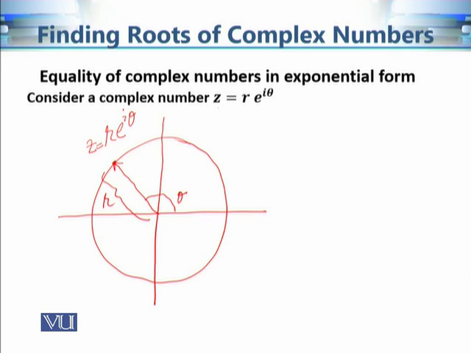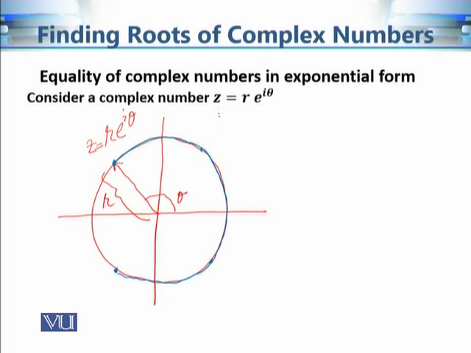And of course, if I increase or decrease this theta, then we will be moving away from this point. And if I increase theta, then I will reach this point. And if I increase more, then I'll reach this point, and so on. But if I increase theta by 2 pi, then I will be reaching the same point.